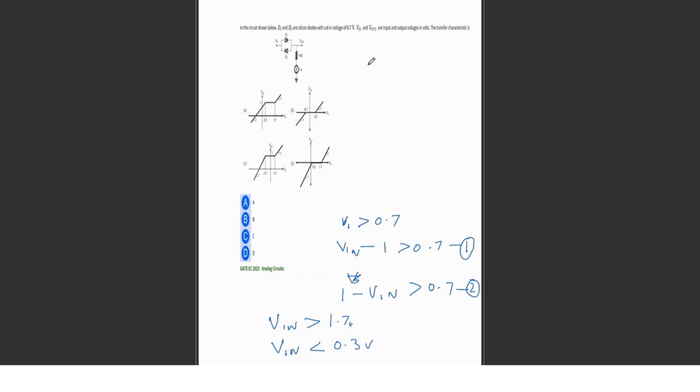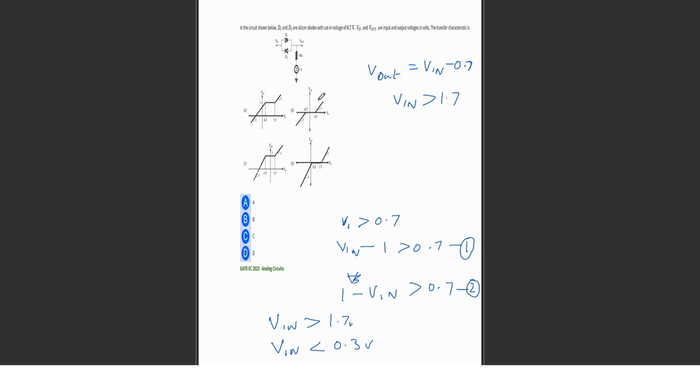So if you write the equation, V out is actually V in minus 0.7 when V in is greater than 1.7. When V in is greater than 1.7, D1 will conduct and there will be a drop of 0.7 volt across D1.